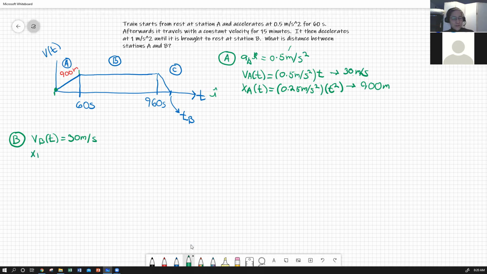So the distance we cover in region B depends on how long we travel at that speed. So 30 meters per second times, I'm going to go back and index these, times the time we're in region B. So how long do we travel in region B?